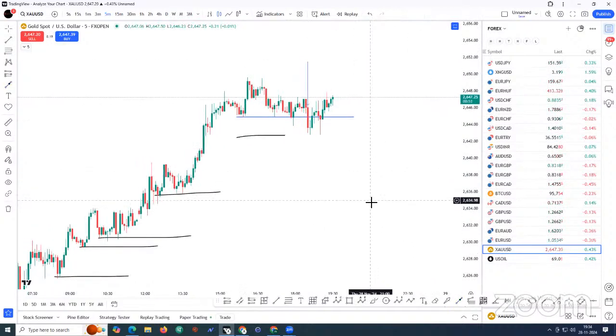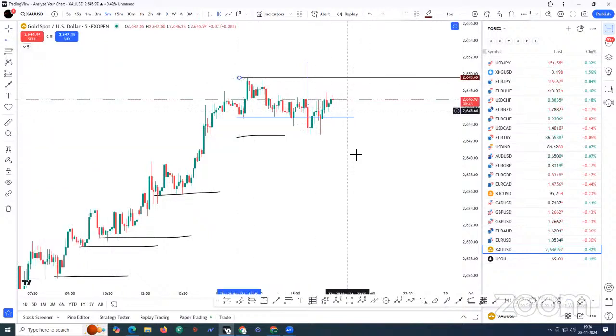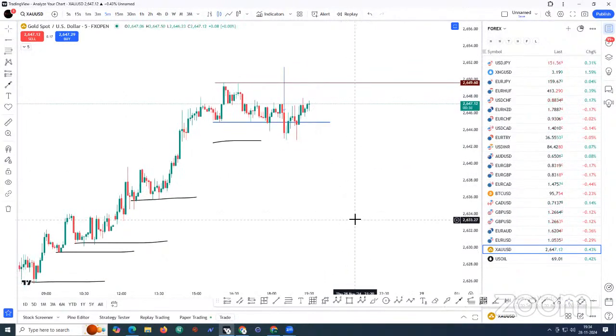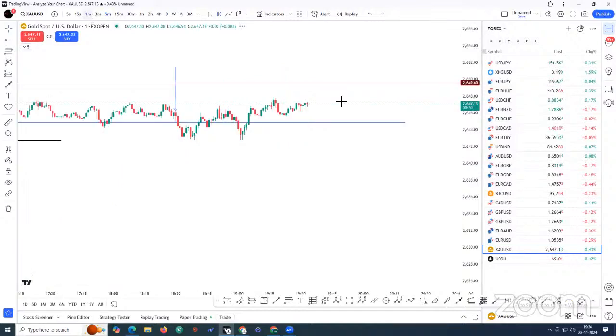On this red candle, it is broken. So here the possibility is of going up, or I would like to go down, until and unless it closes above and breaks the 2650 level.